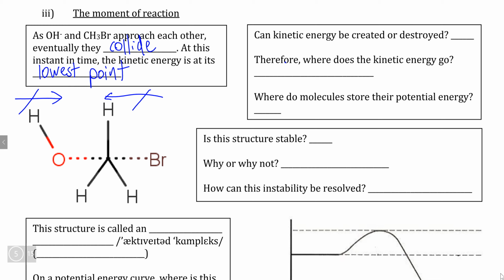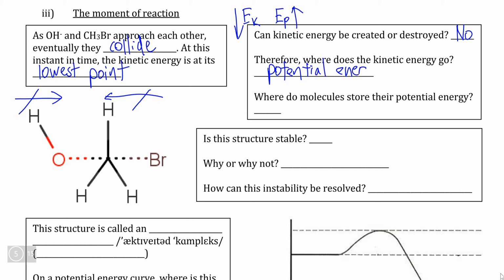Now, we know from the law of conservation of energy that energy can neither be created nor destroyed, and we know from our thermal energy equation that if kinetic energy decreases, then potential energy must increase.